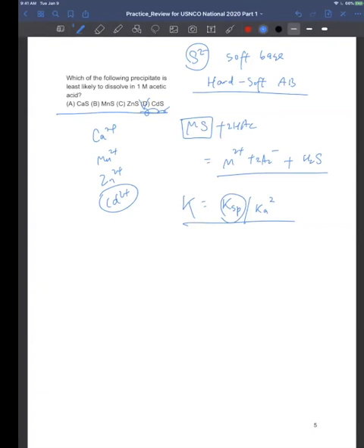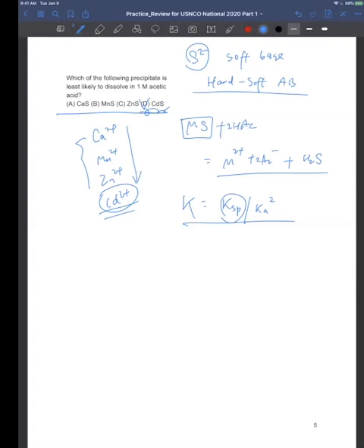If you compare those three, they are in the same period, right? But going down the group is getting softer because there are more electrons, especially 3d electrons are softer. And cadmium is in the 5th period, so it has one more layer of electrons, so it's softer. So Cd2+ is the softest.